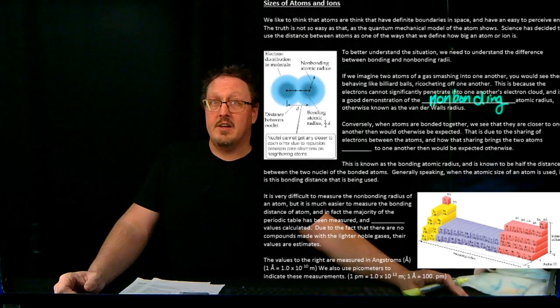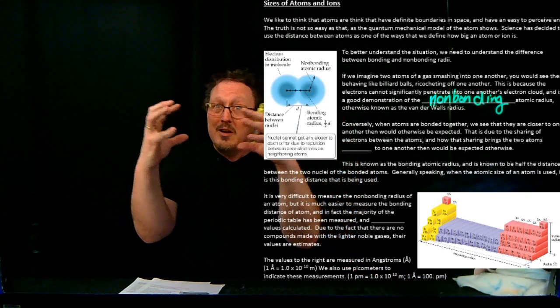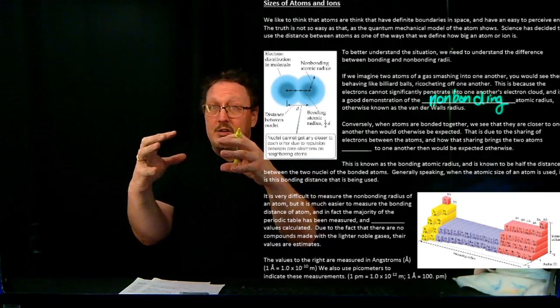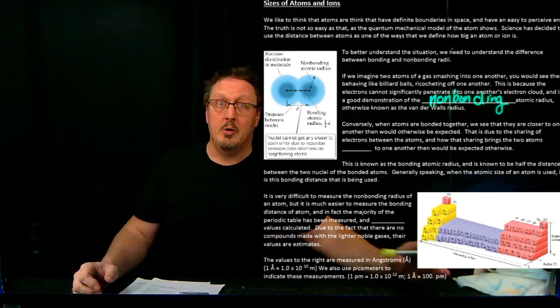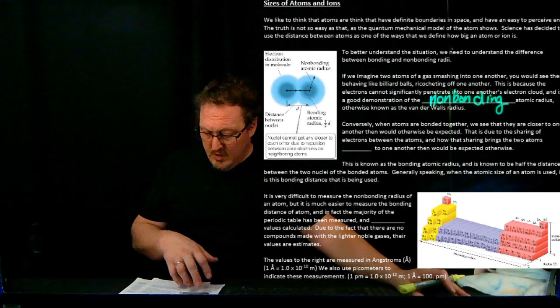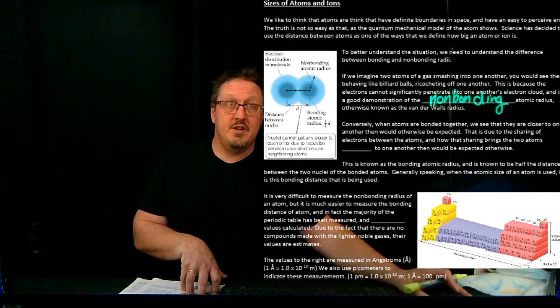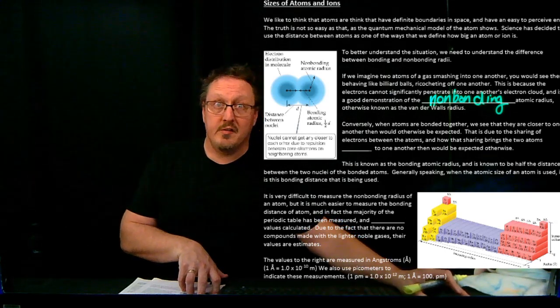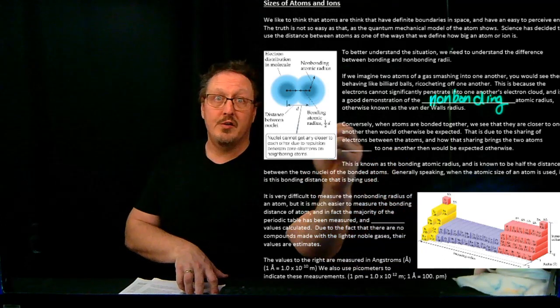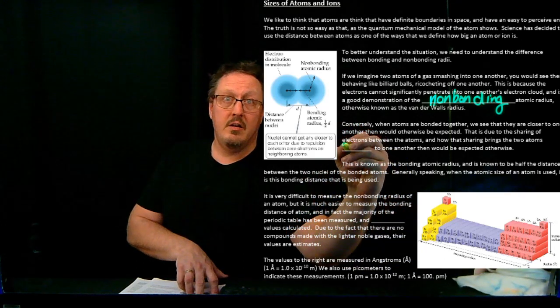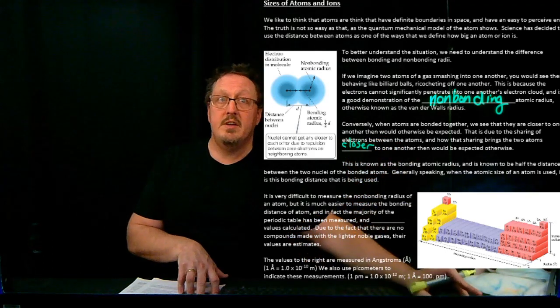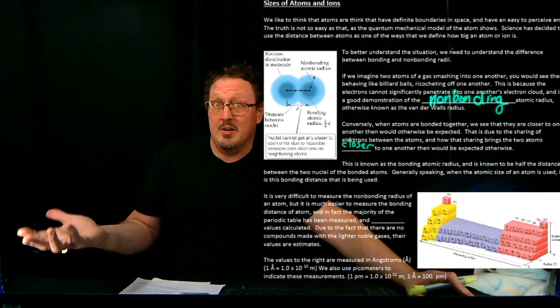Because these electrons are shared between two atoms, these two atoms have to mush a little bit closer in order to really feel each other's electrons and form a chemical bond. Sharing brings those two atoms much closer together than they would be expected to be otherwise.